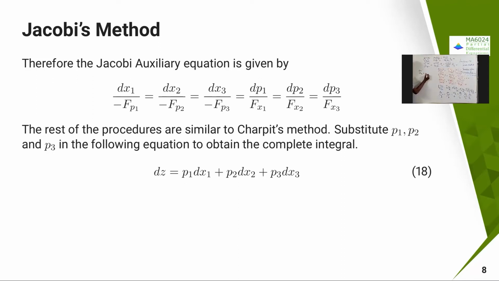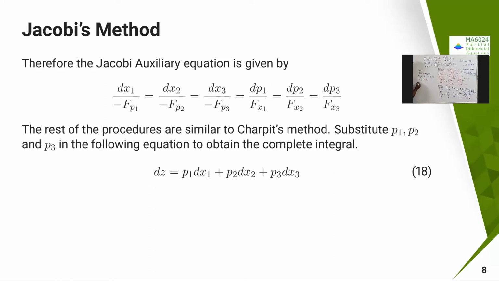We wrote it as the directional derivative of u along v equal to 0, where v is nothing but (a, b). So this I can write as v dot (u_x, u_y).